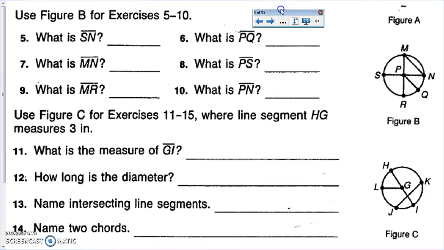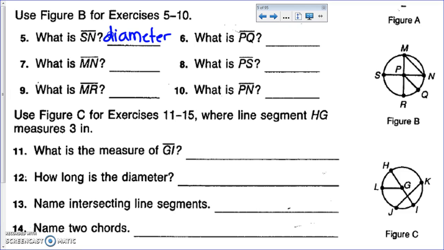Use figure B for exercises 5 through 10. So figure B is right over here to the right. What is SN? If we look, SN has 2 points on the circle, and it passes through the center, so we know it's a diameter. Number 6 asks, what is PQ?